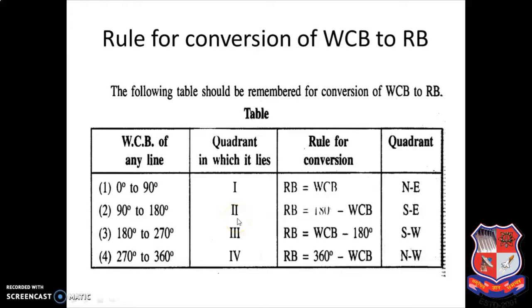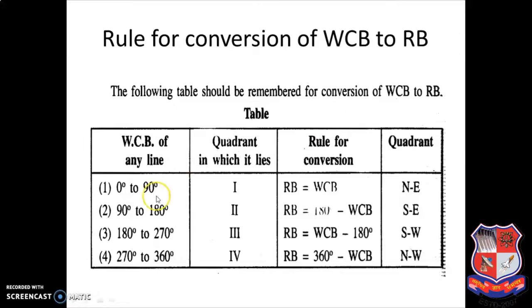Okay, so up till now we have discussed what is bearing, what are the types of bearing, whole circle bearing and quadrantal bearing, which is also called reduced bearing. Now we will discuss the rule of conversion of WCB to RB. You know WCB means whole circle bearing and RB is reduced bearing.